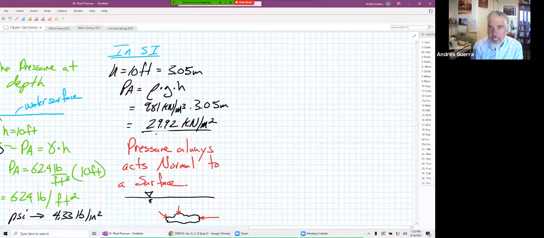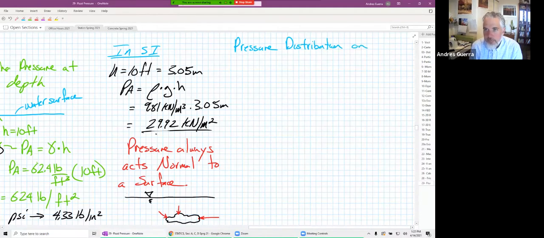Okay, so the next thing, related to the homework problems and one of the main things when we have fluid pressure in a structure: we're trying to figure out how much force is exerted on it. And so let's look at the pressure distribution on a vertical wall.